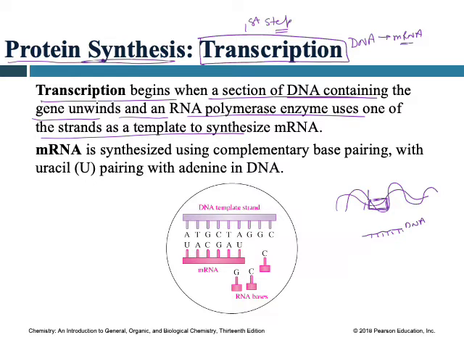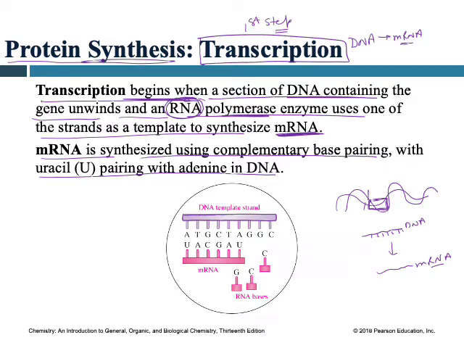In this case we are making mRNA, so that's why we are going to use RNA polymerase. To make an mRNA molecule from DNA, we use RNA polymerase. mRNA is synthesized using complementary base pairing, with uracil pairing with adenine in DNA. So let's assume this is the region of the DNA that has all the information that the cells need.